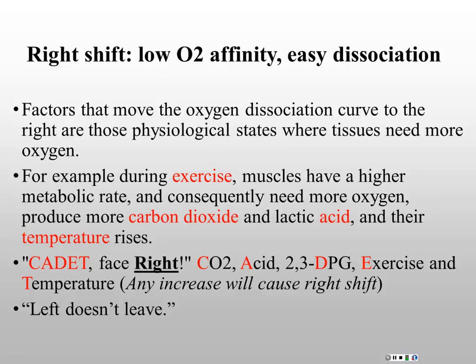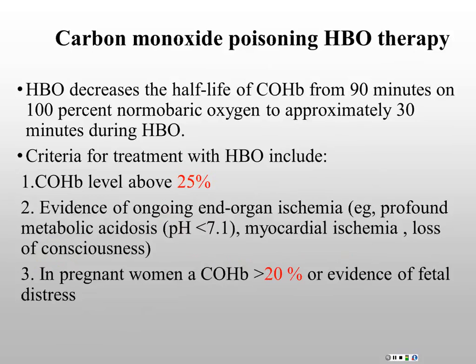A left shift will be different, causing difficult dissociation of oxygen, and this is another mnemonic to remember. If you get a case of carbon monoxide, again your pulse oximeter will show a falsely elevated reading compared to your blood gas. You should know the indications for treatment.